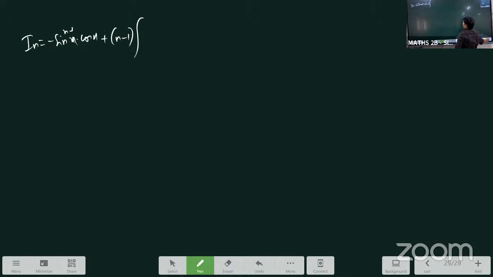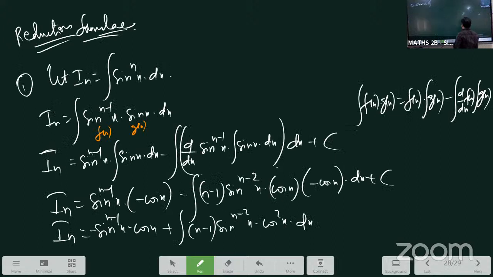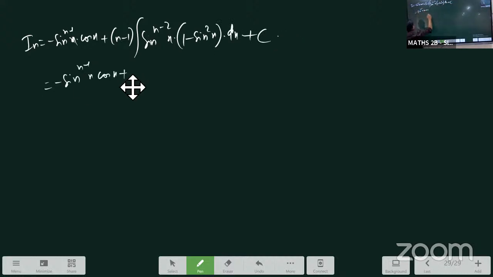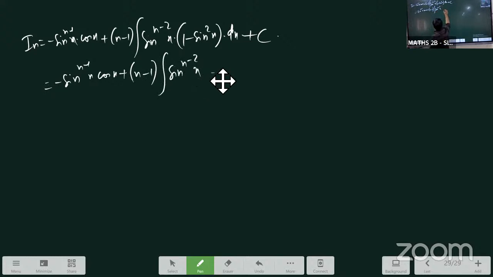Now sin power n minus 2, I am having sin^(n-2) x into cos square x, I will write it as 1 minus sin square x dx. Is it clear? So minus sin^(n-1) x cos x plus n minus 1 into sin^(n-2) x into 1 is sin^(n-2) x, minus sin^(n-2) x into sin square x is sin^n x dx plus c.